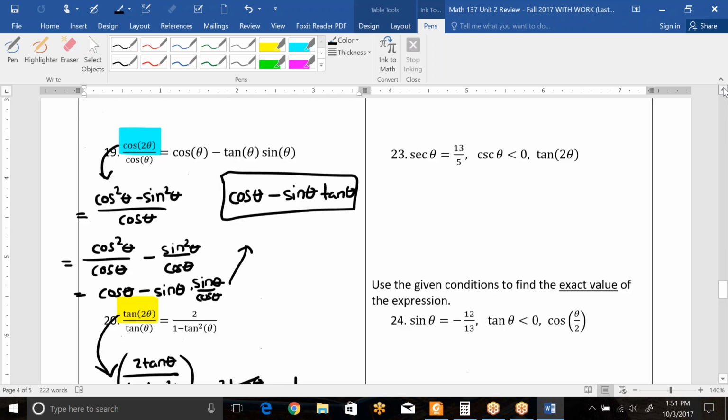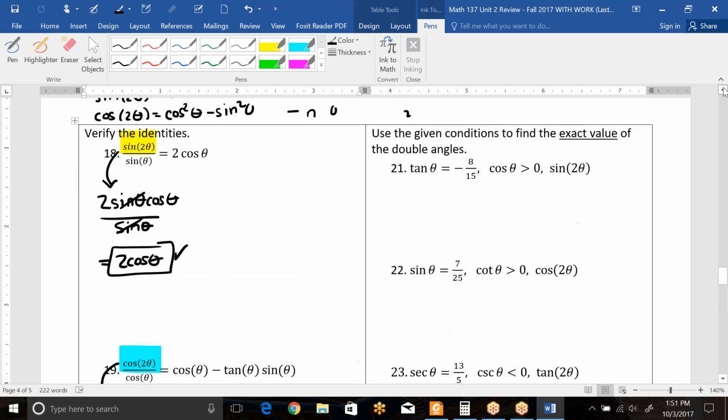So we're talking about number 21. It says use the given conditions to find the exact value of the double angles. Okay, so again, we're going to need to draw pictures for a lot of these. So tangent is negative because it's negative 8 over 15. Cosine is positive since it says greater than 0, so we need to locate the correct quadrant to find our sines and cosines.